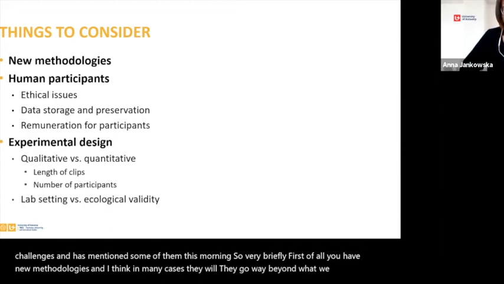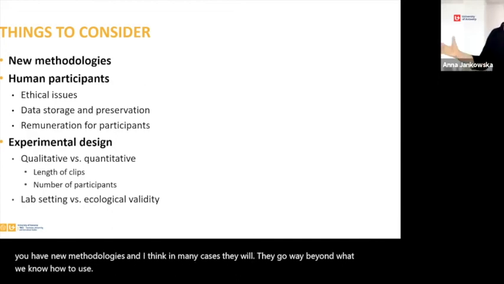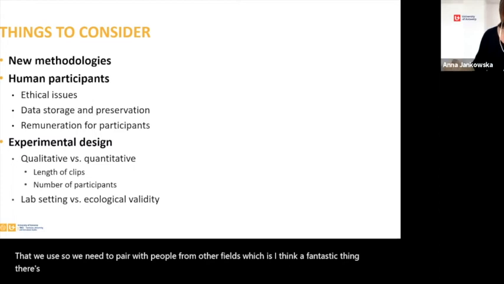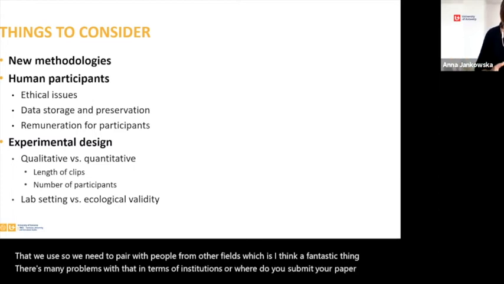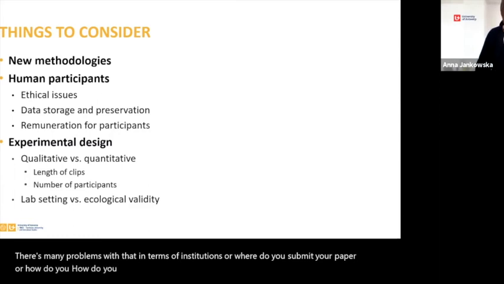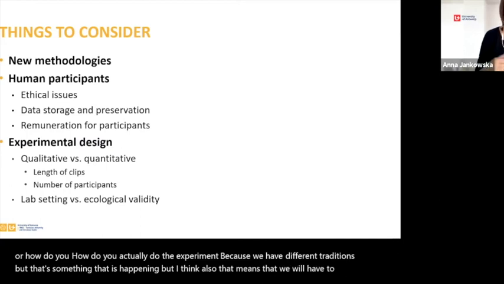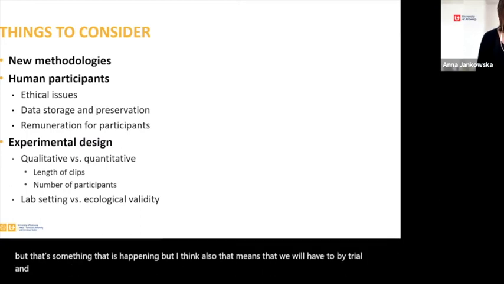So we need to pair with people from other fields, which is, I think, a fantastic thing. There are many problems with that in terms of institutions, or where you submit your paper, or how you actually do the experiment, because we have different traditions. But that's something that is happening. But I think that also means that by trial and error, we will have to establish our own methodology in AVT.